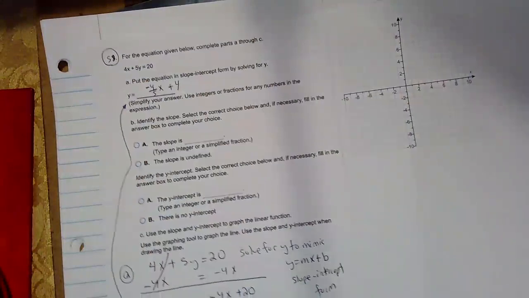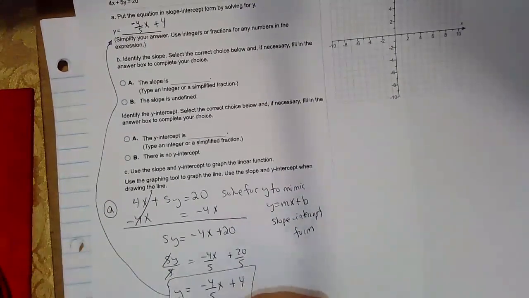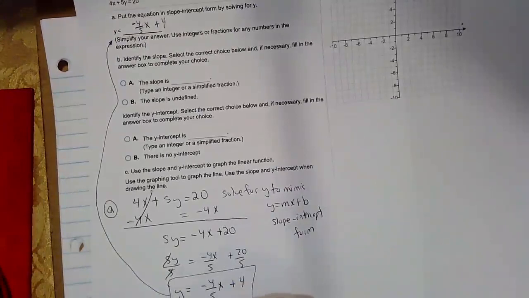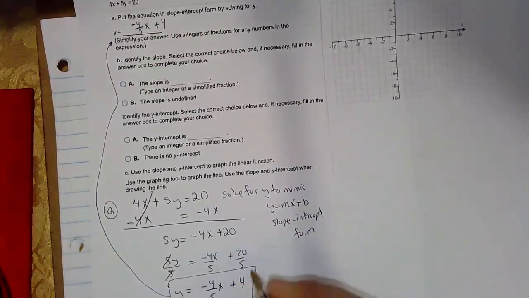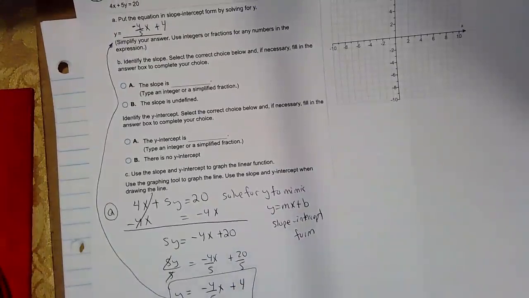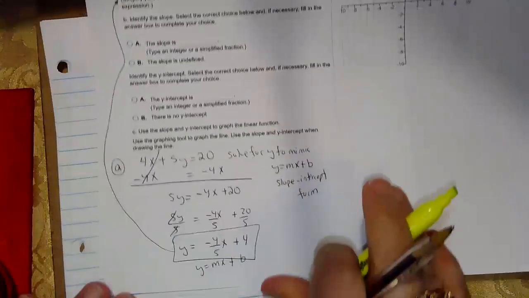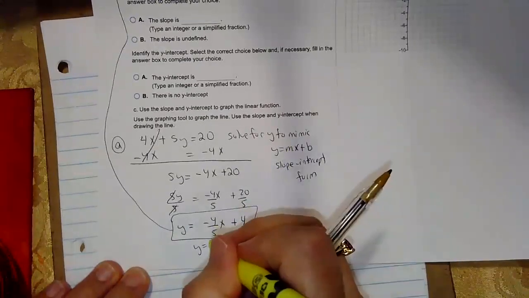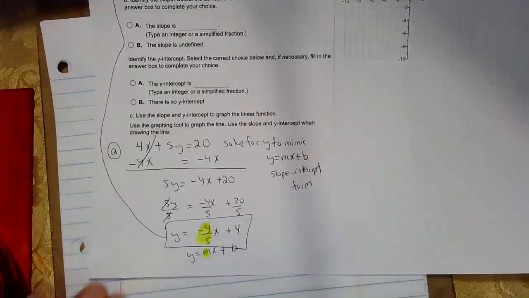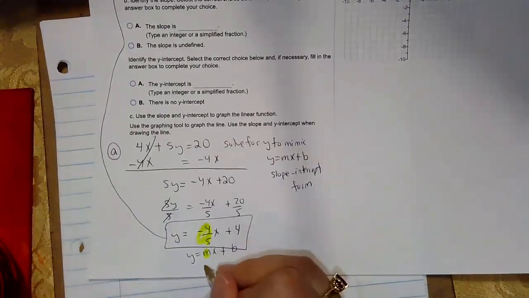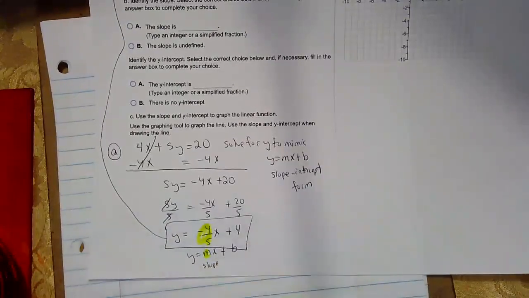And then part B says identify the slope. So this is y equals mx plus b. So your slope, m, this is m. So no x, that's your slope.